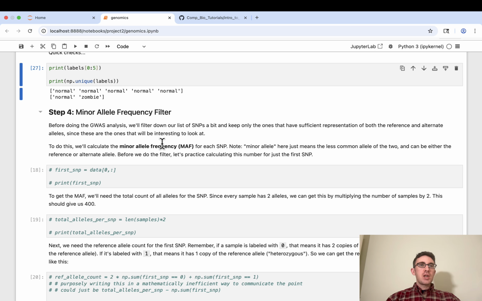If there's not enough of one of the alleles, then we won't be able to detect a relationship, even if there were one.